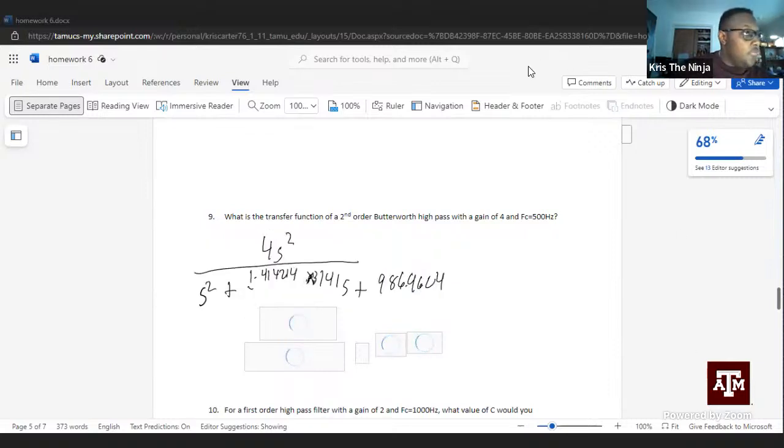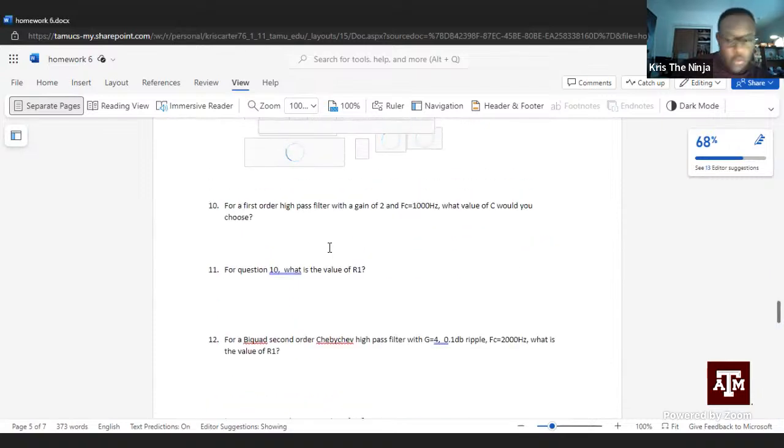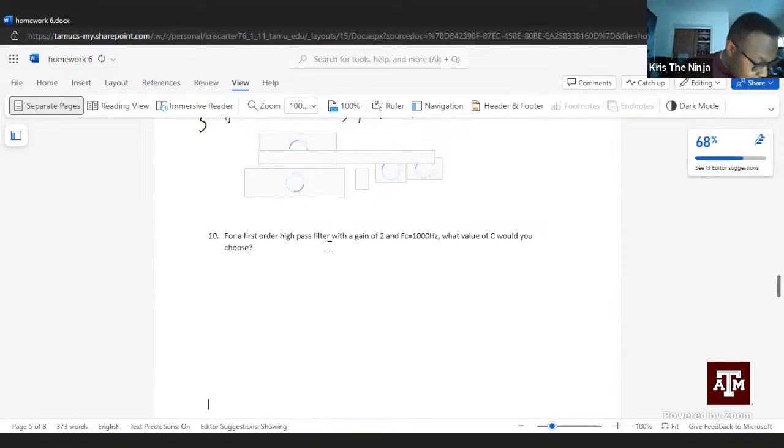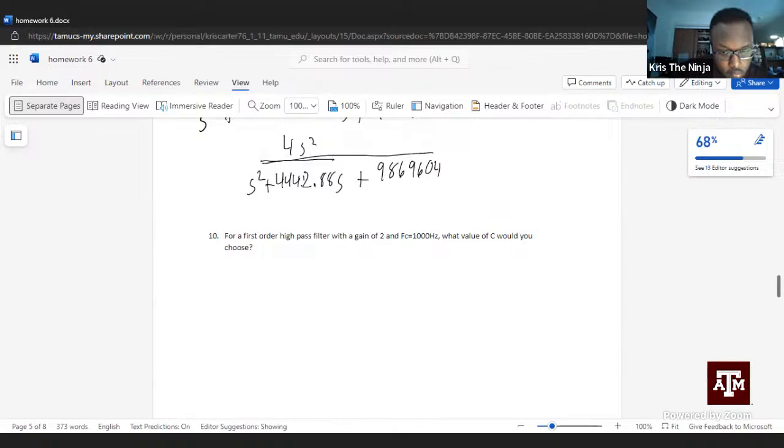So for first order, next part of the question, oh geez. For a first order high pass filter with a gain of 2 and an FC of 1,000 hertz, what value of C would you choose?